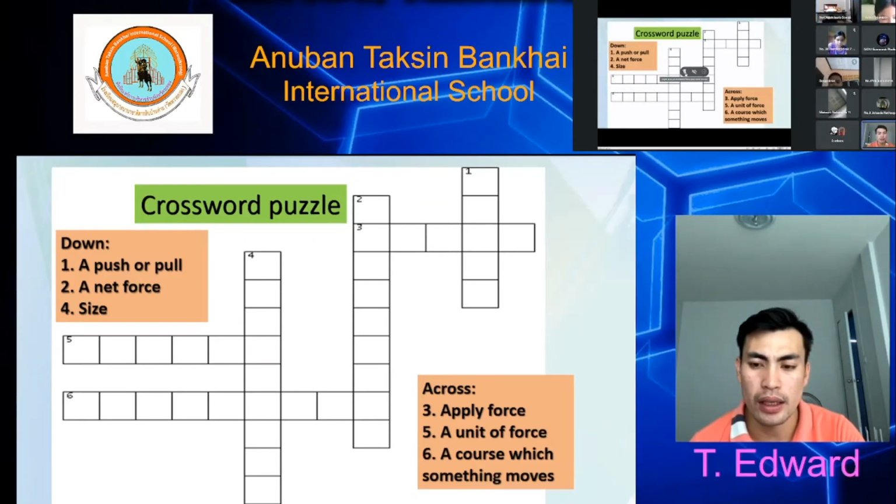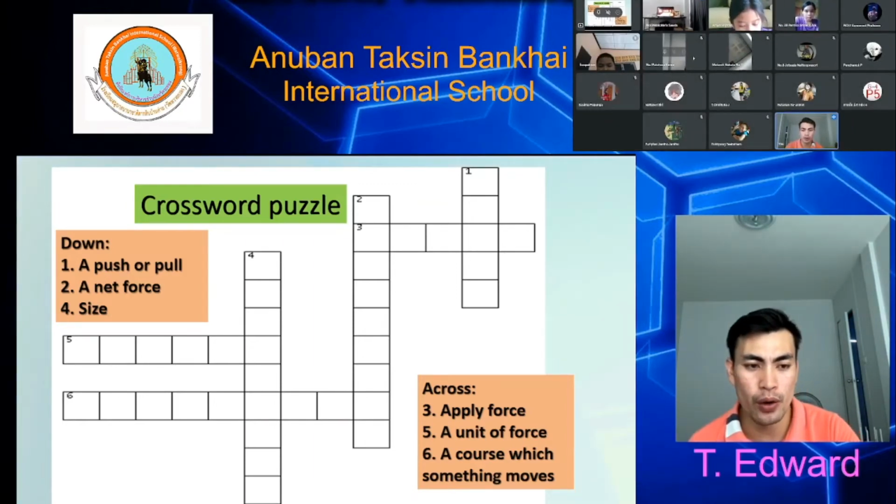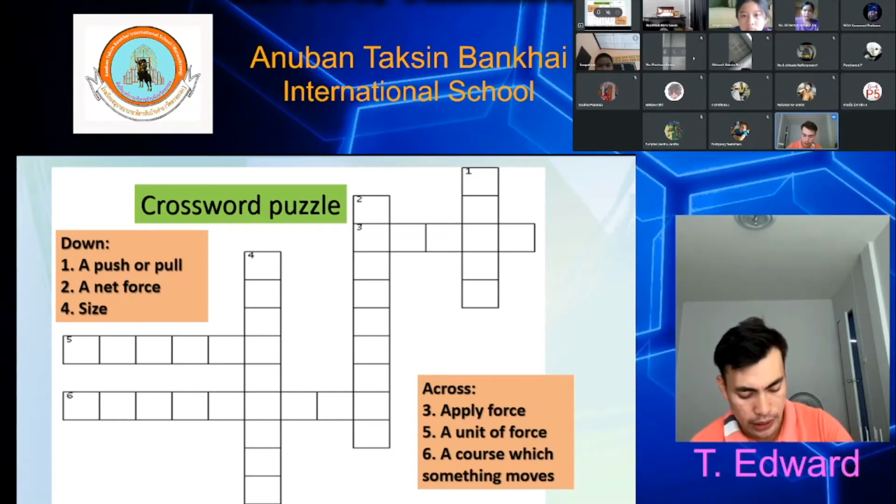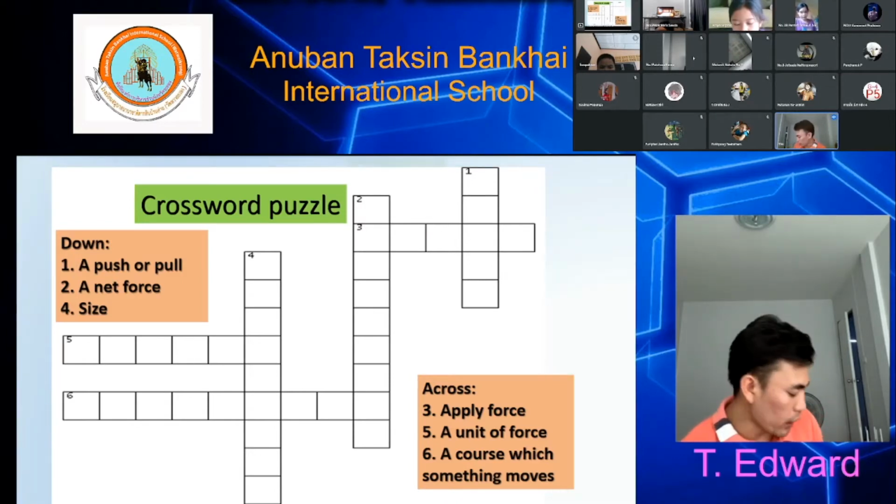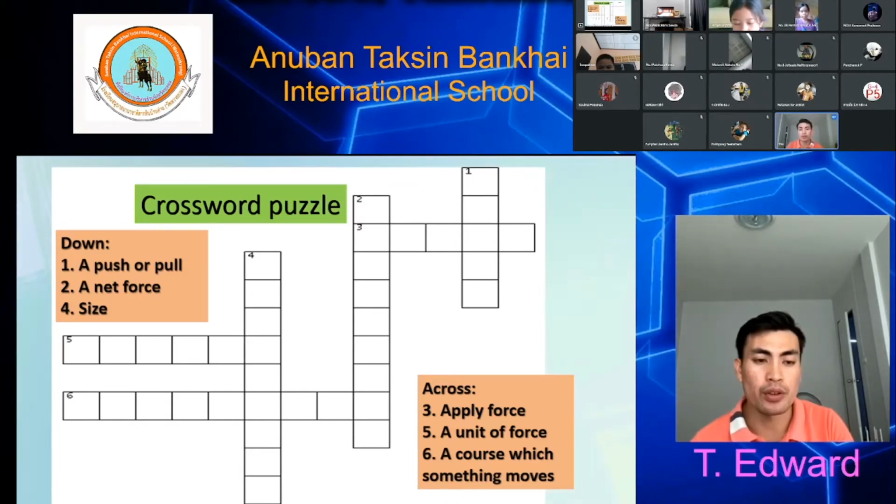Please say the correct word. Force. Very good, Watcharit. Watcharit got the extra point. For today, the correct answer is, can you say? Yes, what's the answer? Force. Very good.